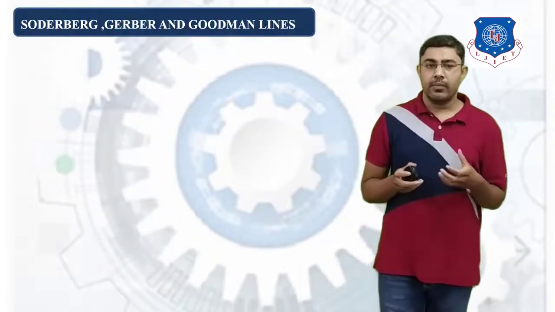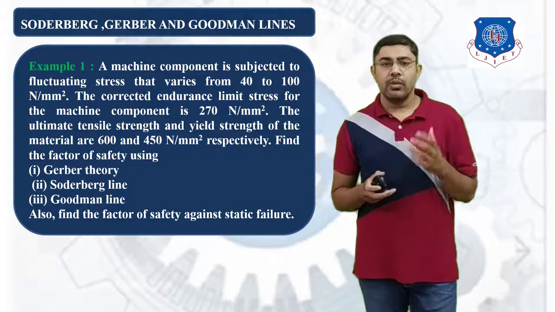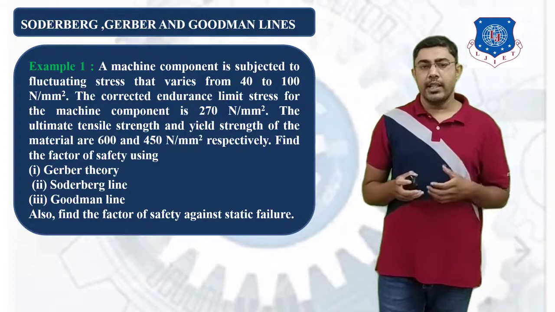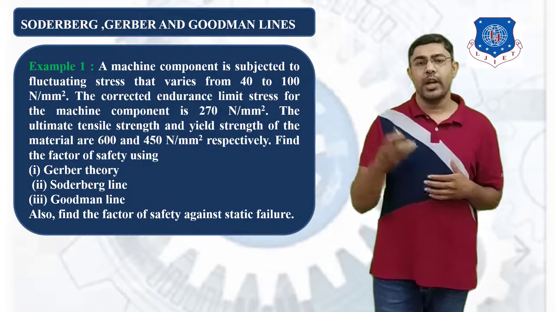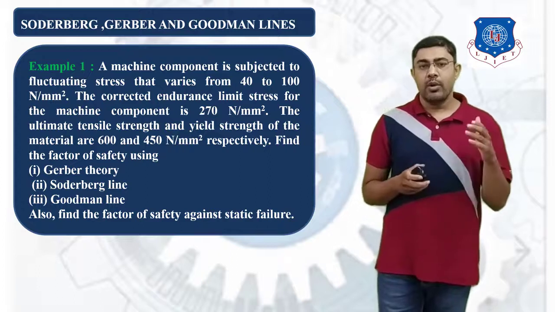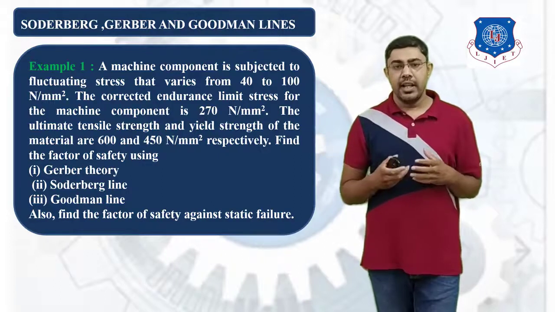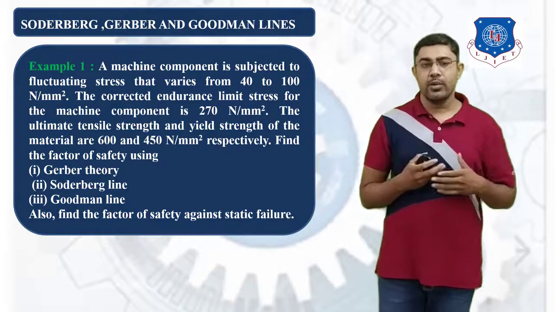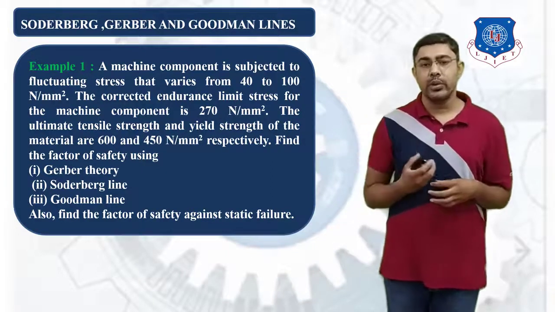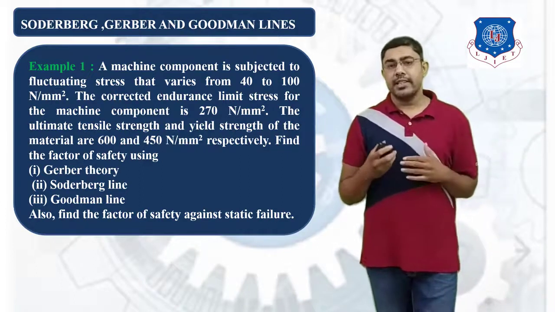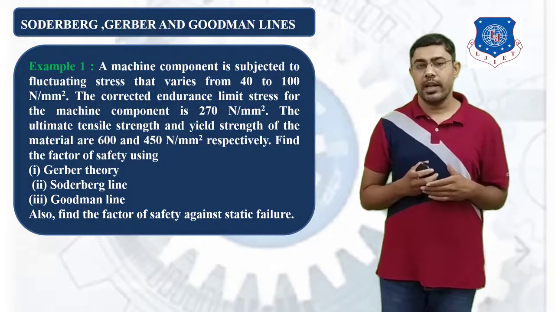So consider the problem which is given in the previous worksheet. A machine component is subjected to fluctuating stress that varies from 40 to 100 Newton per mm square. So here sigma max is 100 Newton per mm square and sigma minimum is 40 Newton per mm square.